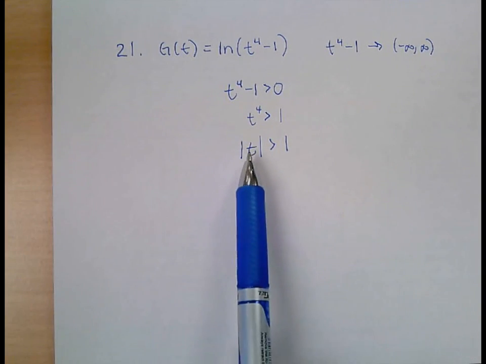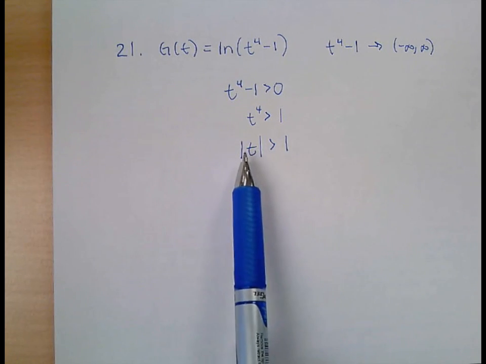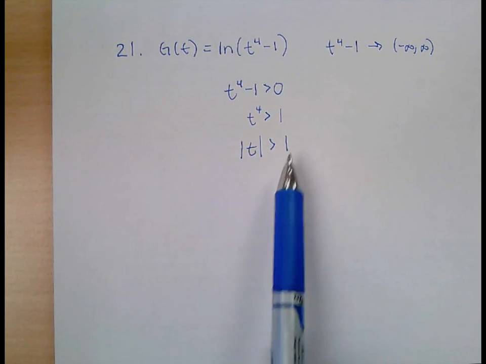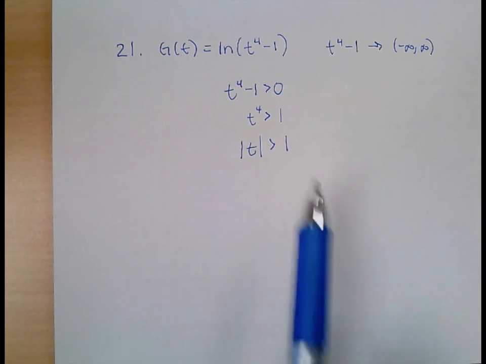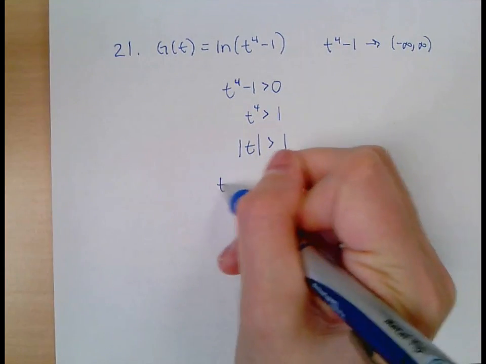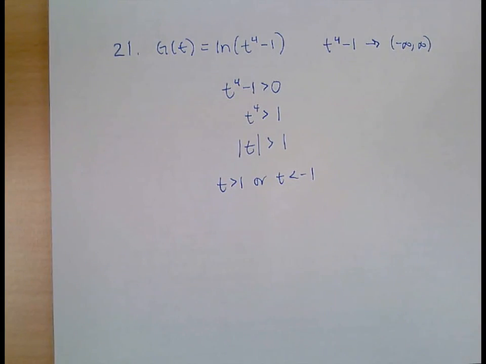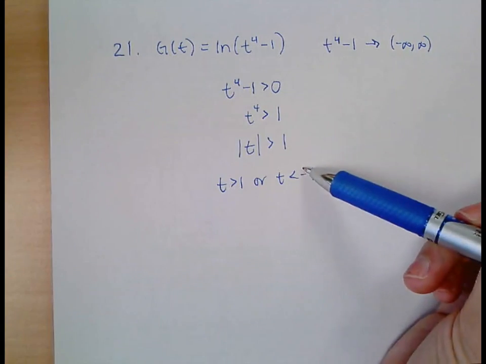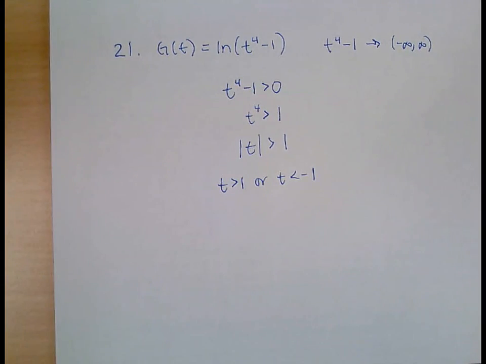So t is not in between negative and positive 1. The absolute value of t has to be greater than 1. So that means t is greater than 1, but also t is less than negative 1, because values like -2, -3 would still have an absolute value that's bigger than 1.